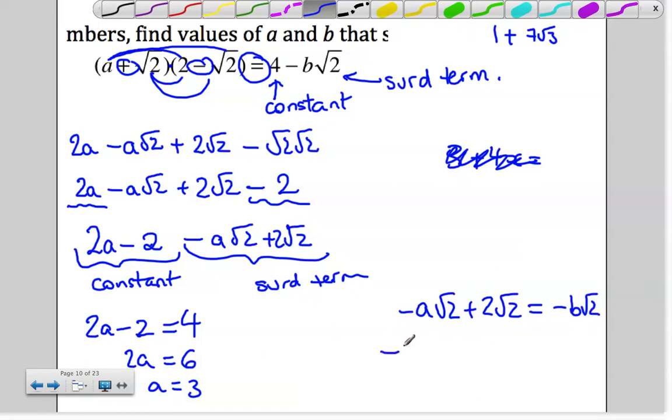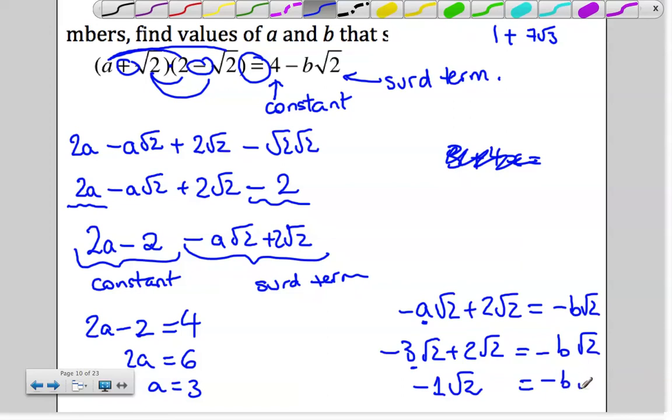So minus 3 root 2 plus 2 root 2 has to equal minus b root 2. And then minus 3 add 2 is minus, I'm just going to put a 1 to make it clear, minus 1 root 2. And that has to equal minus b root 2. So the only possible value that b can have is 1. So b equals 1. Okay, nasty question.